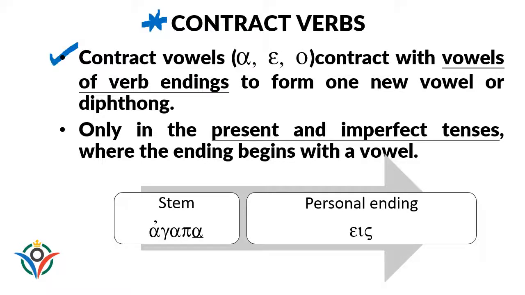The next point here is that contract vowels, now that you know what they are, the alpha, the epsilon, the omicron, they contract with vowels of verb endings to form one new vowel or diphthong. Now, fortunately, this only occurs in the present and imperfect tenses.